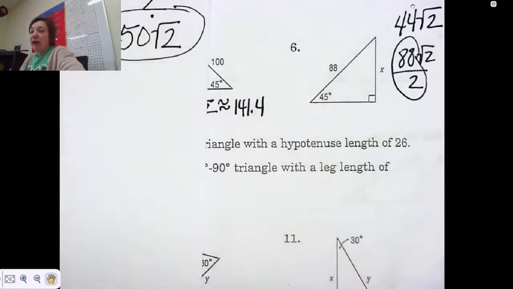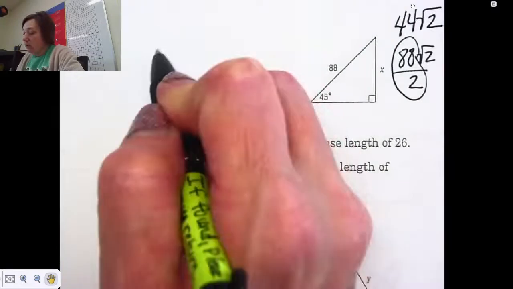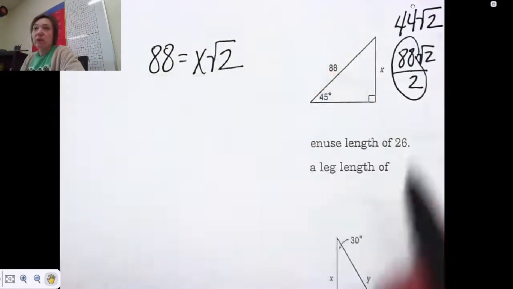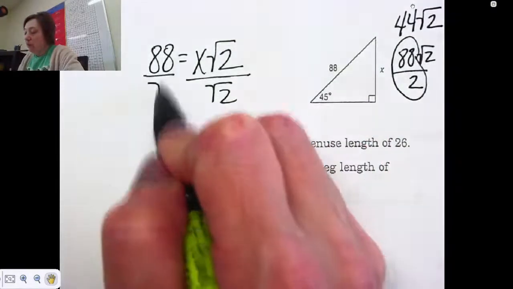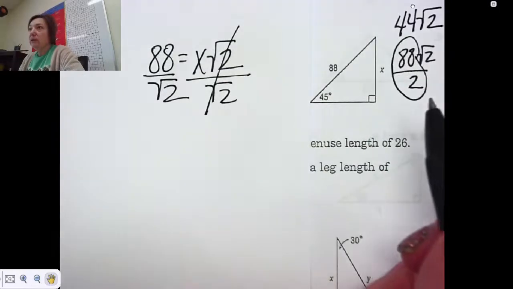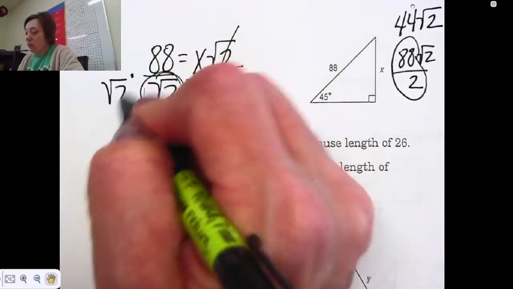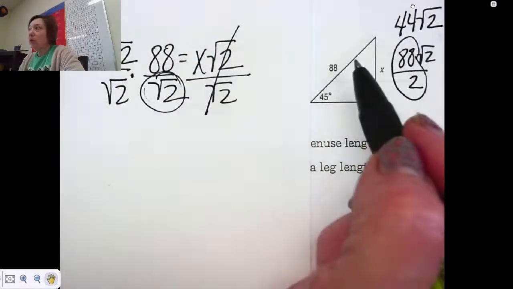Now, let's talk about where that came from, because not everybody's at that place, right? So what did we do? We said, well, 88 equals x times the square root of 2. How do we get there? Oh, we divide by the square root of 2, right? And now we can't leave this down here, so we're going to multiply by the square root of 2 over the square root of 2. Y'all with me?